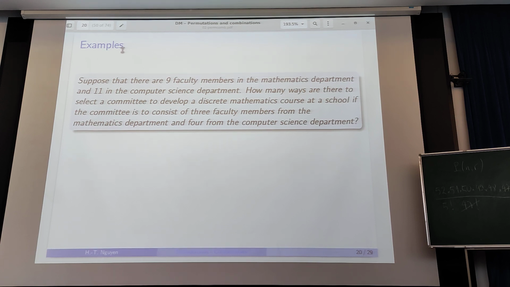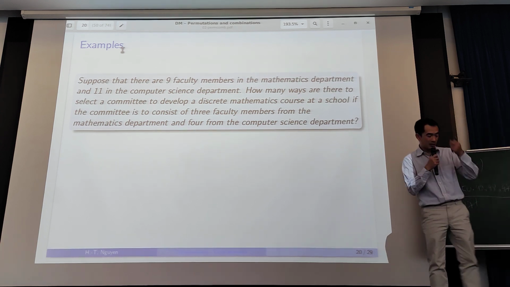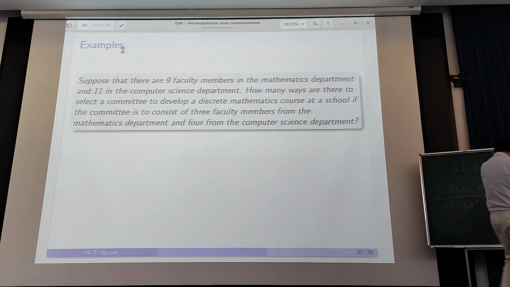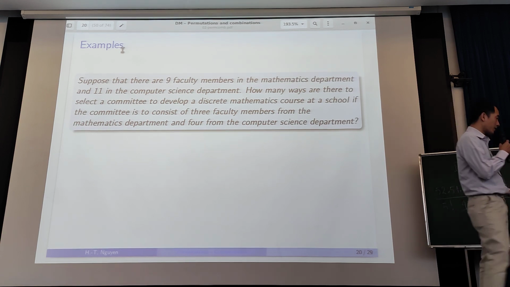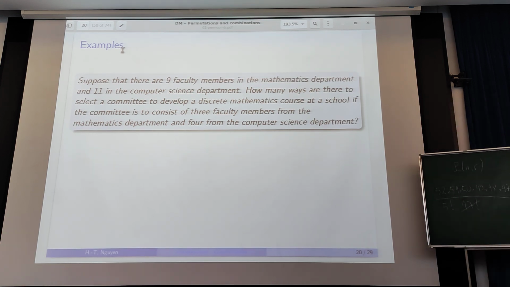If you are the one to choose, how do you choose such a committee? Of course, it is common sense to choose the 3 members of the math department and the 4 members of the computer science department separately.